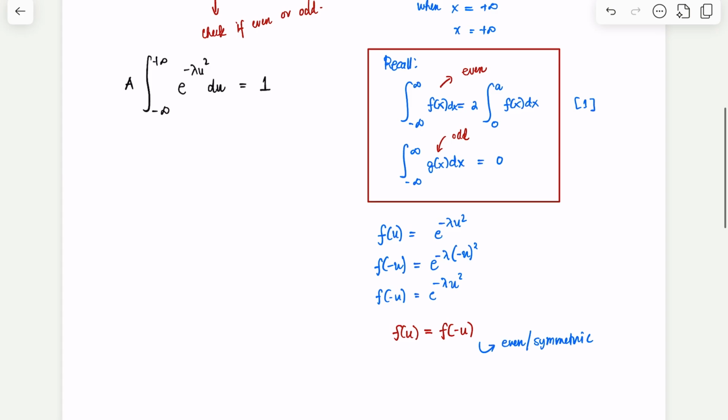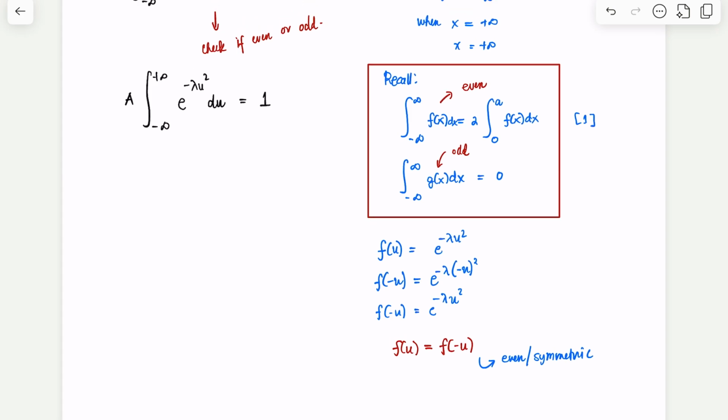It means to say that our integral here would be reduced to this form. This one will just be a, and then notice that this is an even function, so we use this. So we now have twice the integral from 0 to the positive infinity of e to the negative lambda u squared du.